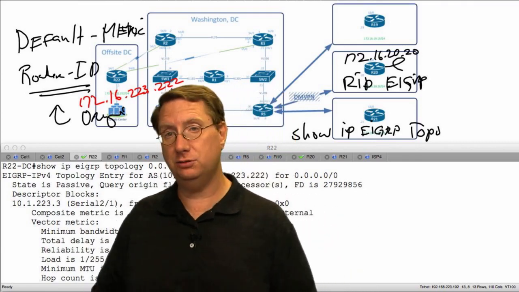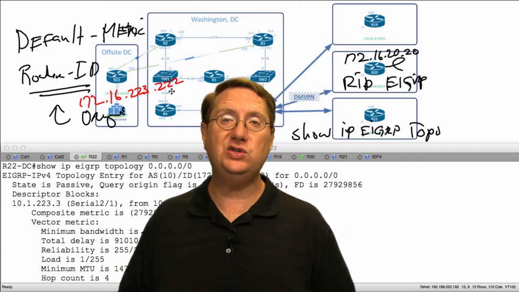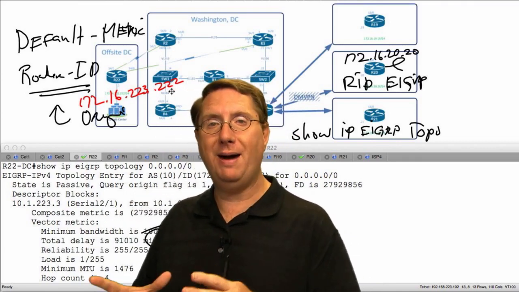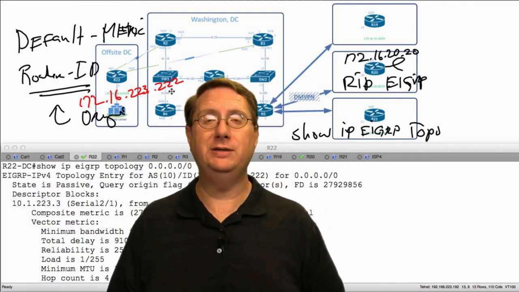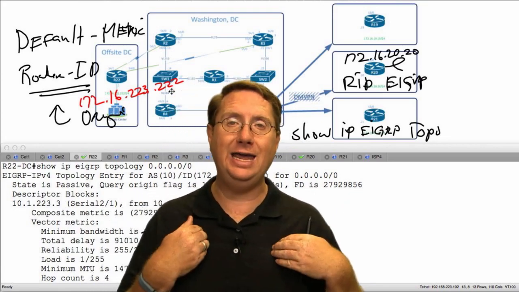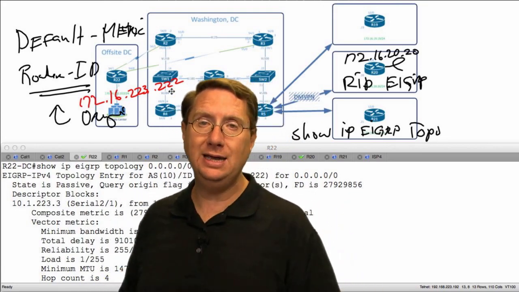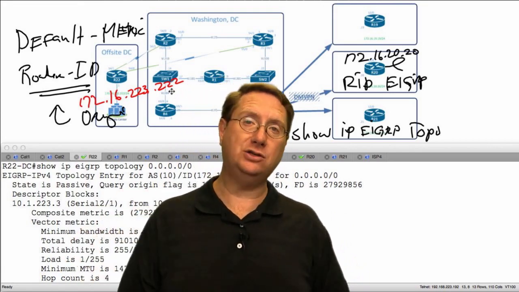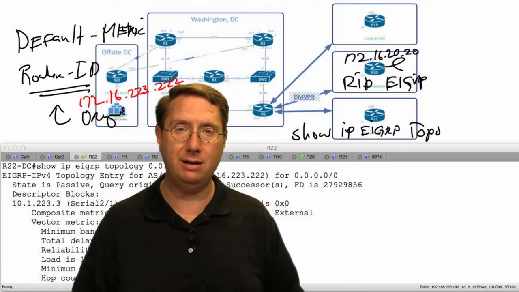EIGRP has a loop prevention mechanism embedded in it that says if I learn about an external prefix, which means it's being redistributed on another device, and that device has the same router ID as me, I know it's been looped back to me, so I'm not going to place it in my routing table.